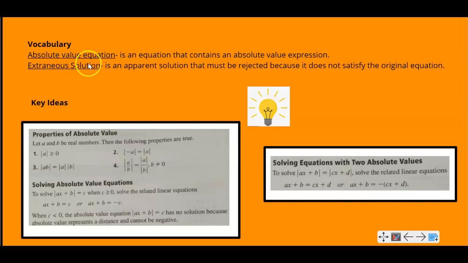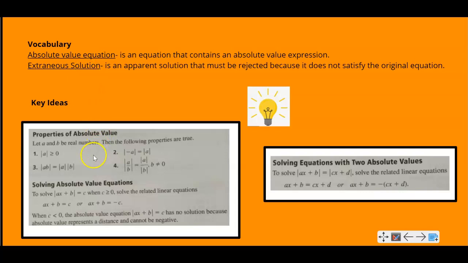Another way to put that is when you solve an absolute value equation and you get an answer, you must check it to see if it works. It comes from the original equation, but when you plug it in and check it and it doesn't work, that's why it says you must reject it. It would not be considered a real solution. It would be an extraneous solution.